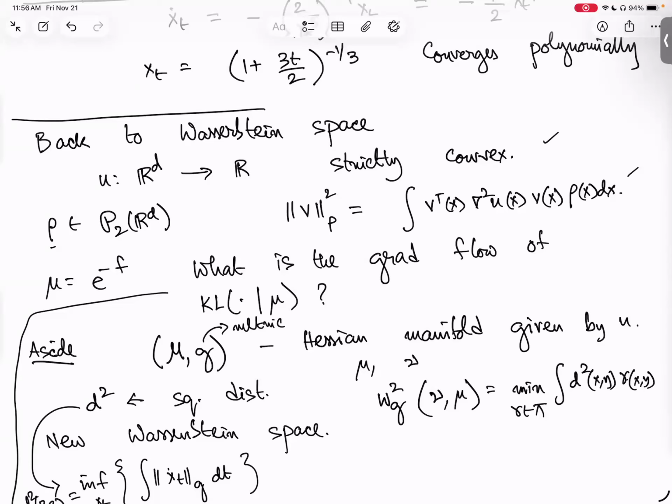So some kind of geometry given by this Hessian. Now that distorts the geometry of the Wasserstein space, and now I can ask about the gradient flow of Kullback-Leibler with respect to mu. Now the geometry that appears in the Sinkhorn limit is slightly more complicated, where I'm going to pick my function u depending on this choice of rho. So let me explain.